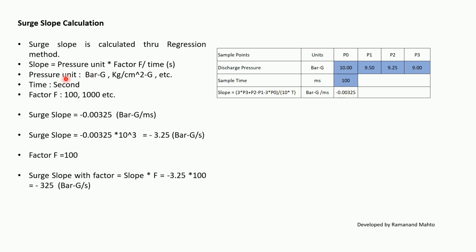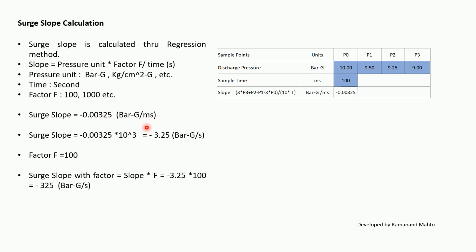0.00325. So how is slope calculated? Pressure unit into factor upon time in seconds. Pressure unit can be bar gauge, kg per cm square, etc., and time is in seconds. Factor can be 100 or 1000, etc. So the slope calculated using these four data points is minus 0.00325 bar gauge per millisecond.